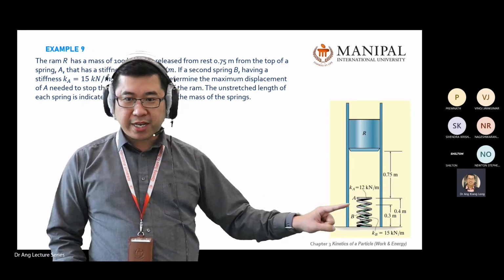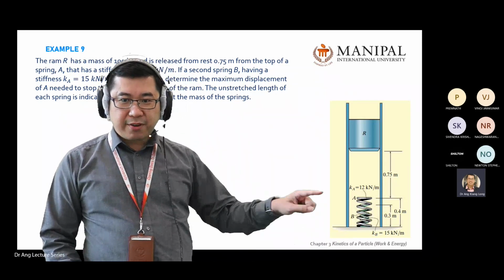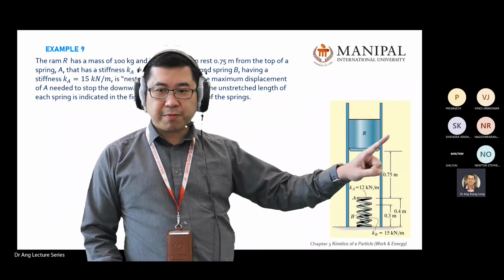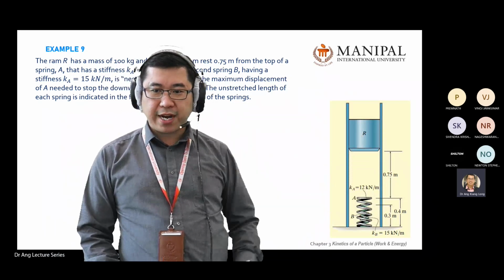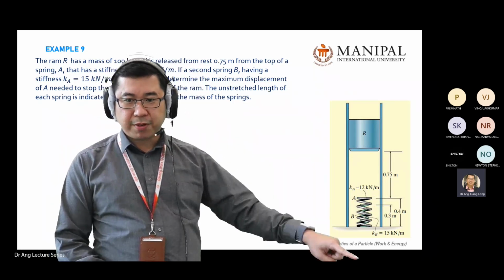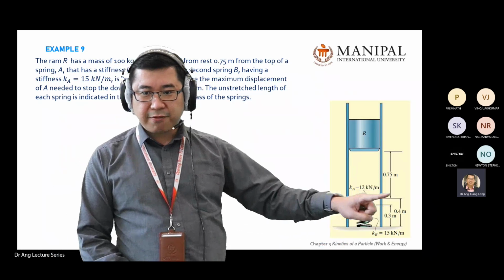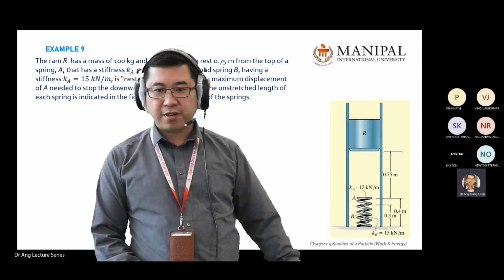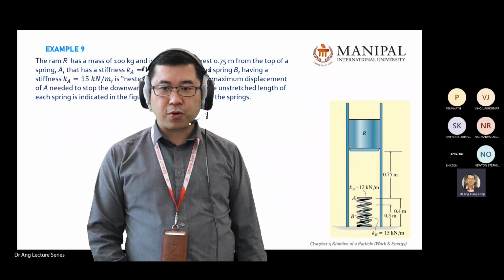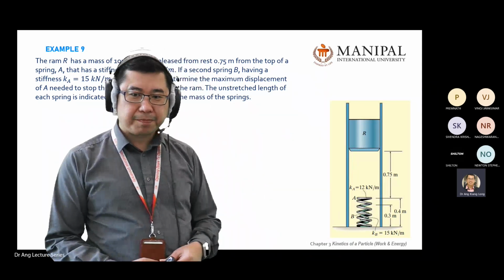The original height for spring A is 0.4. And from the height of A to the bottom of this object here is 0.75. So the original height of this object from the floor is 0.75 plus 0.4 meter. So this is the original height before anything happened.